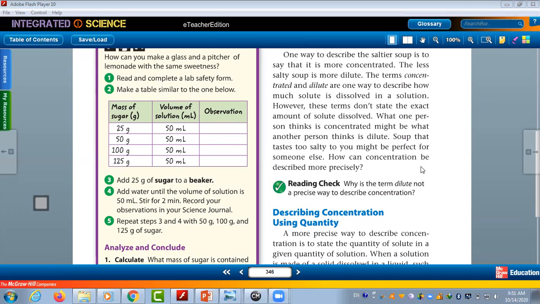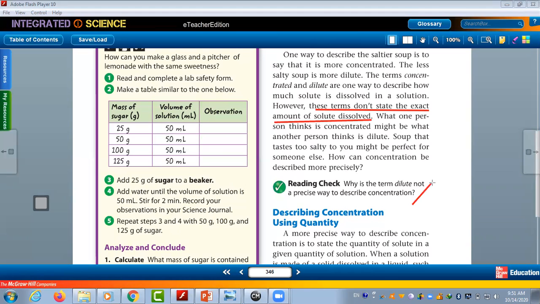But it didn't give us the exact amount, it didn't give us a number. So, Shabab, describing with words like dilute and concentrated is not precise, because you are not giving me the exact amount.